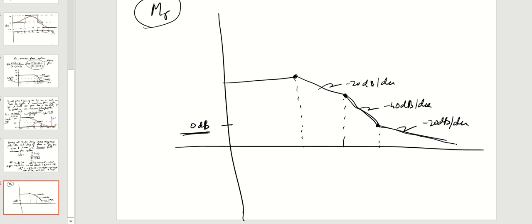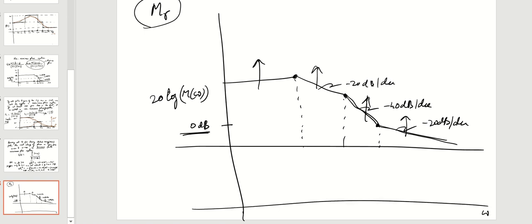It just has the effect of pushing it up. The entire frequency response, the magnitude part, will be pushed up. The phase part will not be affected at all. So let's say we have the phase here.